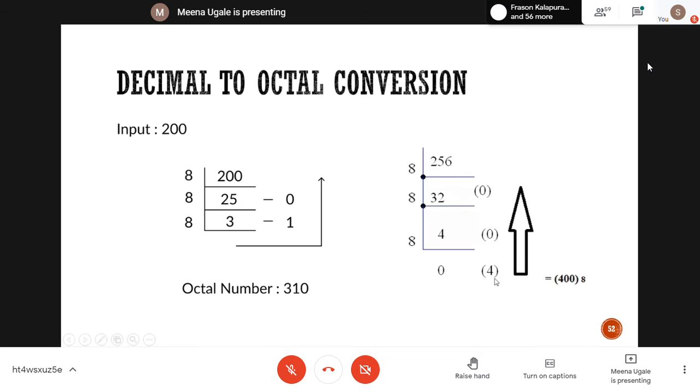Quotient I am getting 0 and remainder is 4. How many times you will go for the division? Till you get quotient value as 0. Read the number from bottom up. See the arrow position. My answer is 4, 0 and 0. Got it? Decimal to octal conversion. Any one example from this you can note down.